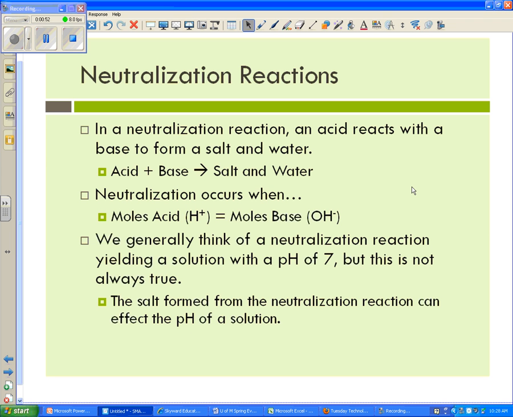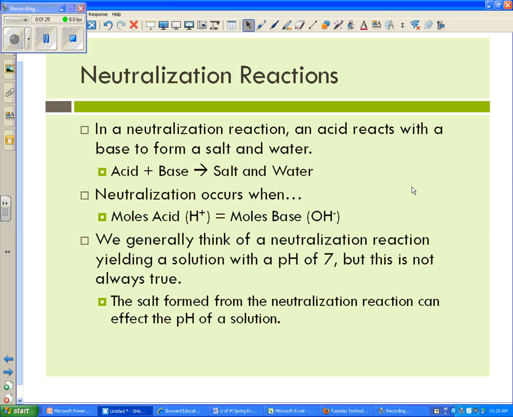Neutralization is defined as the point when the moles of acid or hydrogen ions equals the moles of base or hydroxide ions. We would normally think that a neutralization reaction would yield a solution that would have a pH of 7, because the hydrogen ions would react with the hydroxide ions, we'd form salt and water, and we'd have a neutral solution.